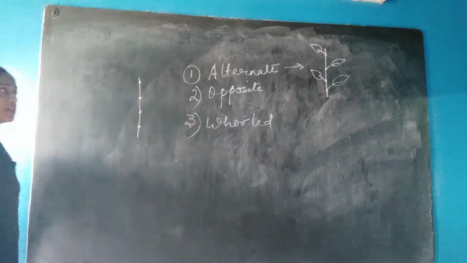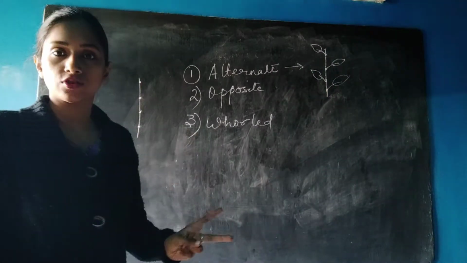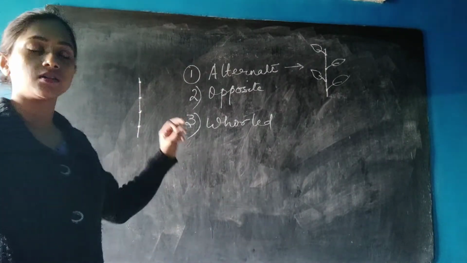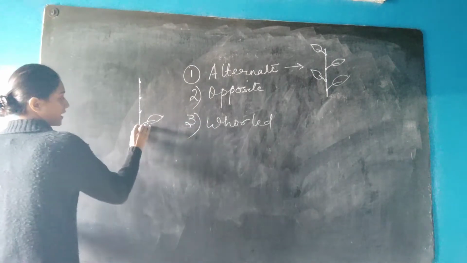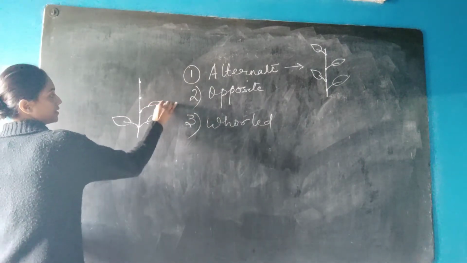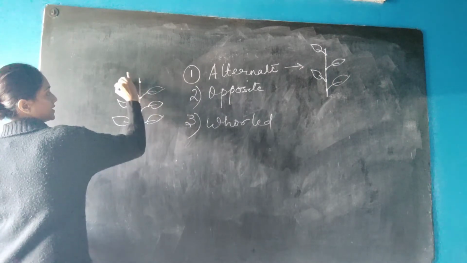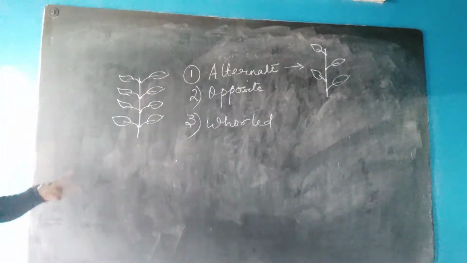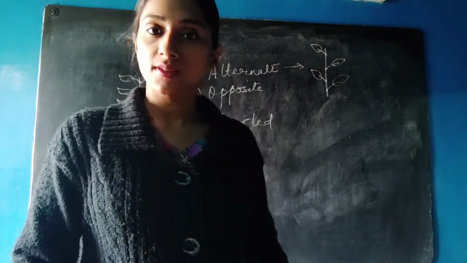So each node will give rise to 2 leaves or a pair of leaves, and the leaves will rise from opposite sides. That means one from this side, another from this side. Similarly like this. That means one node containing one pair of leaves or 2 leaves on the opposite sides.